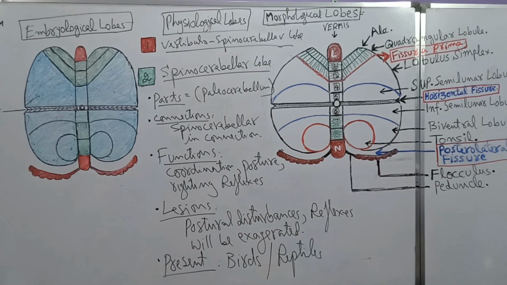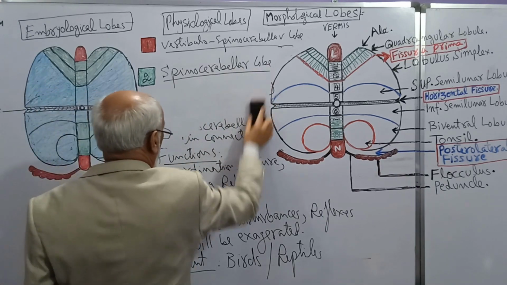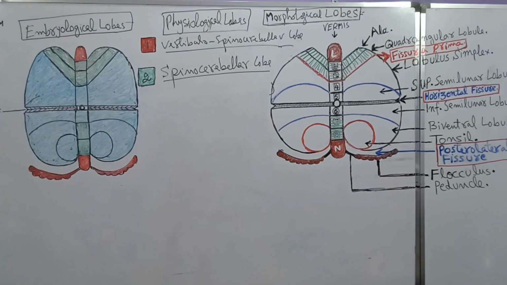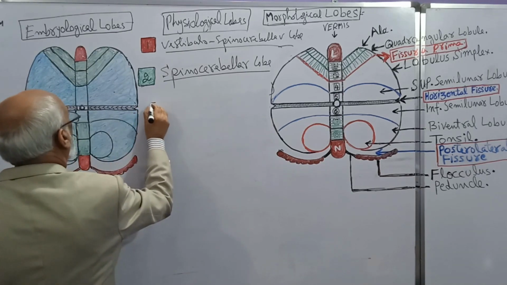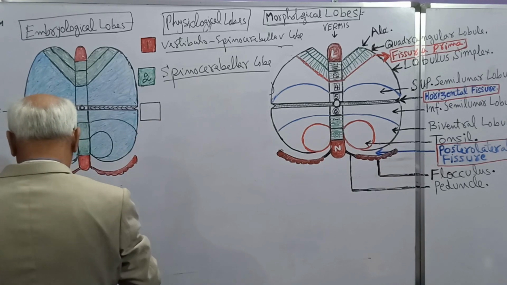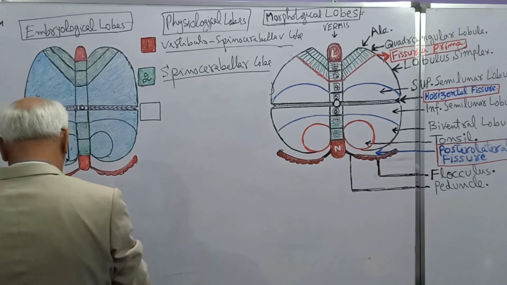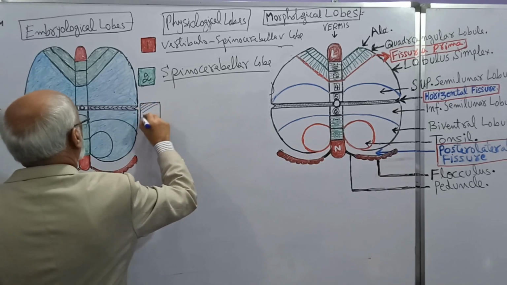Now the third physiological lobe is corticopontocerebellar. These blue colored parts.